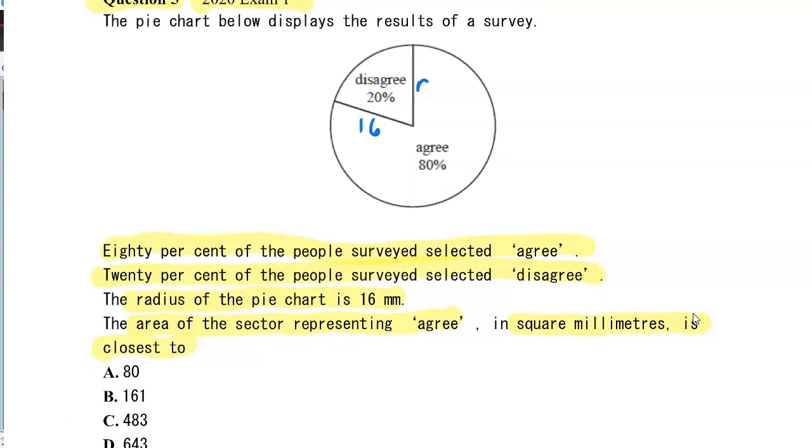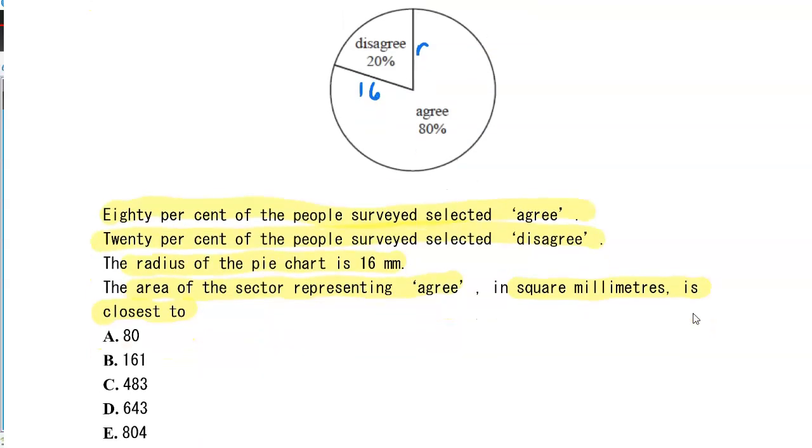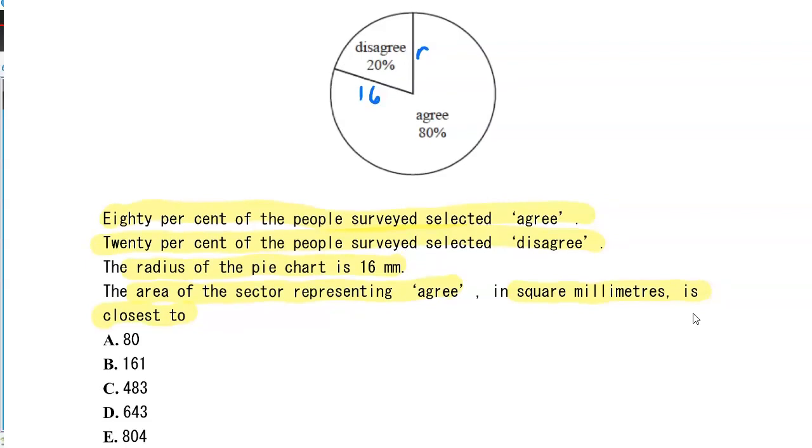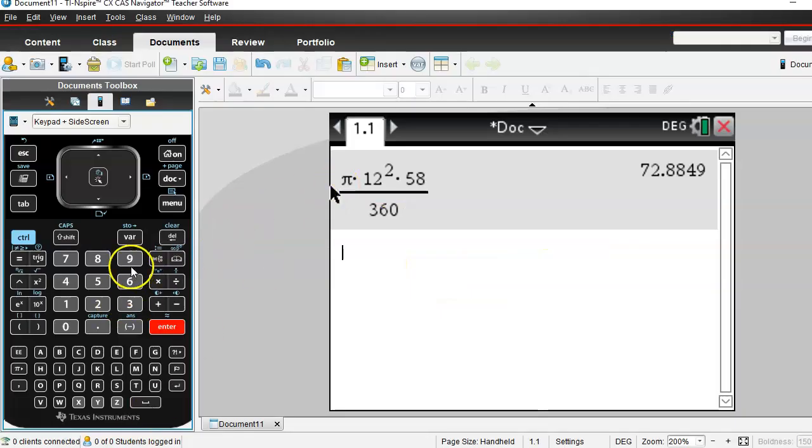So agree is going to be 80% of that circle. What's 80% of 360 degrees? So 0.8 times 360.